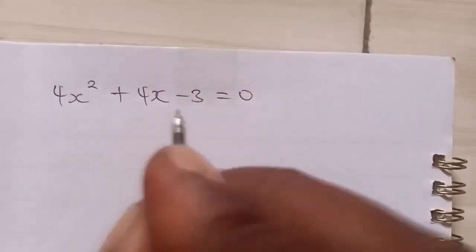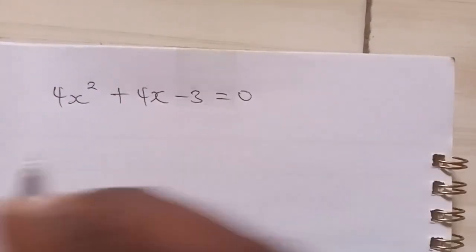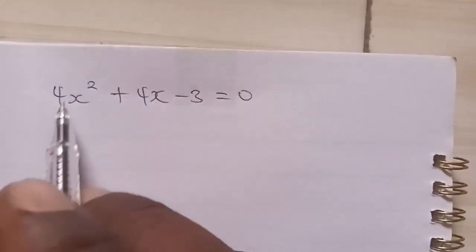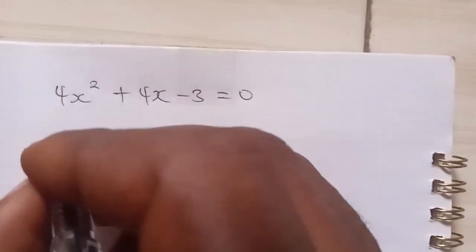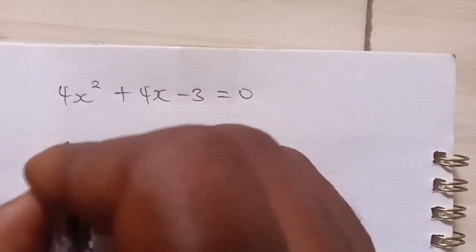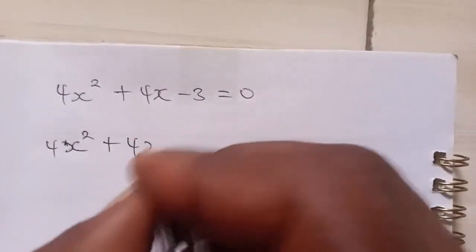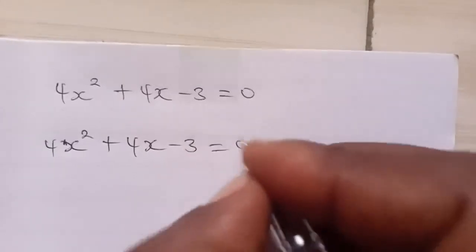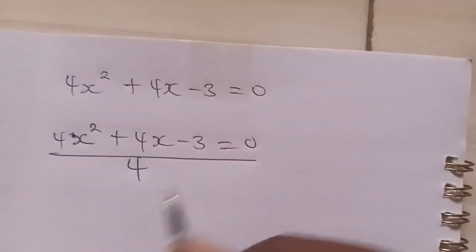If we look at another example, 4x squared plus 4x minus 3. The first thing we need to do is, here the coefficient of a is 4, so we divide through by 4. So we have 4x squared plus 4x minus 3 equals 0, and we divide all of them by 4.